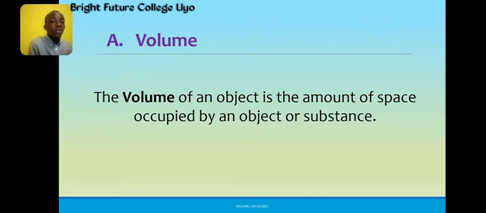The amount of space your classroom occupies in the entire school compound, that's what we mean by volume. The amount of space it covers has to do with the length, the breadth, the height, and every other dimension. So that's volume for you.